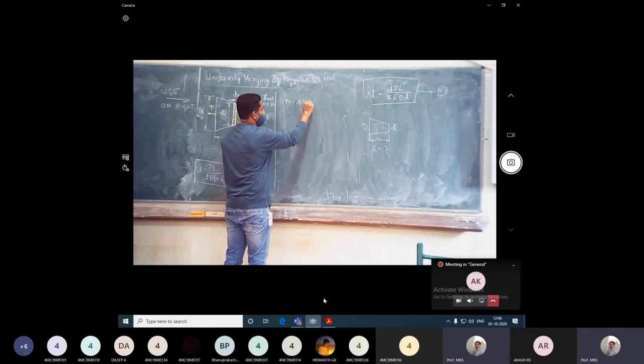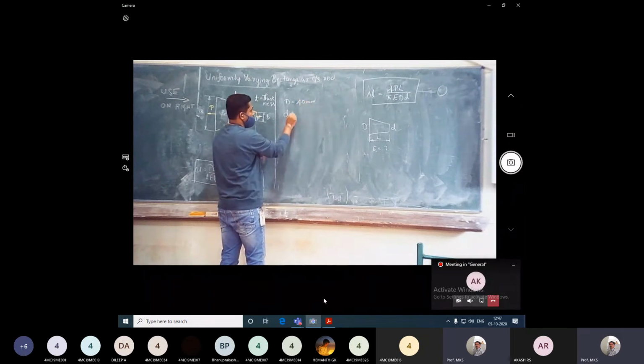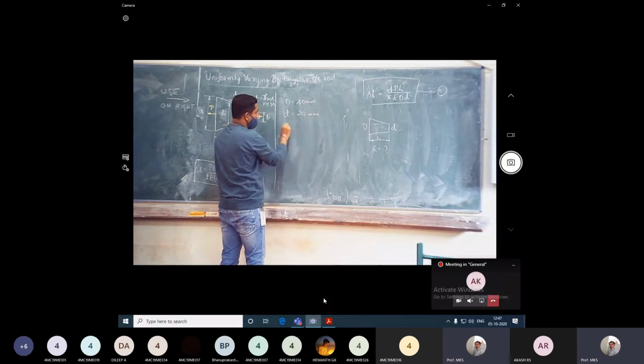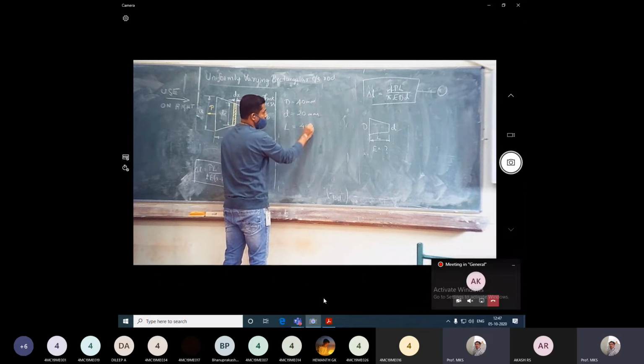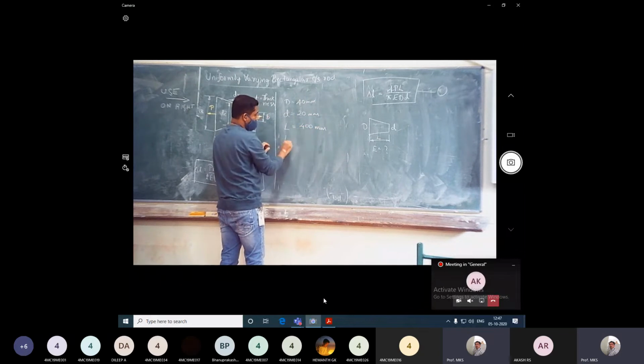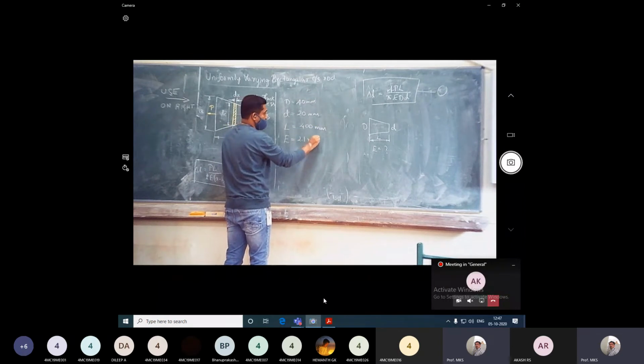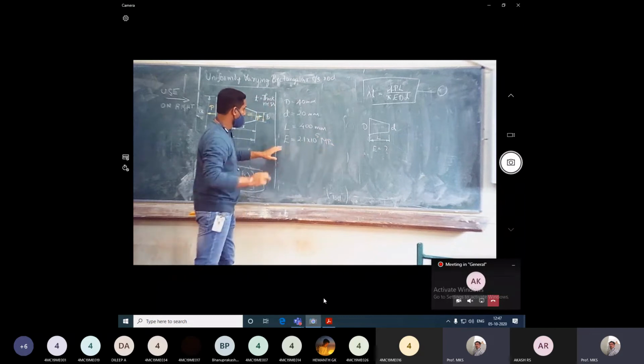Small d, smaller diameter, 20 mm. What is the length of the rod, L? 400 mm. What is the modulus E? 2.1 into 10 power 5 megapascal or Newton per mm square, all the same unit.